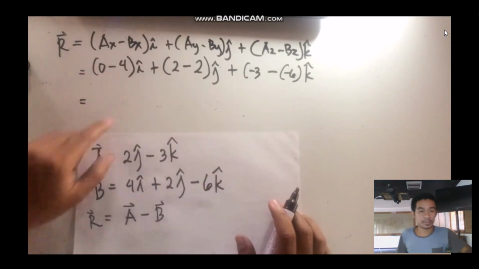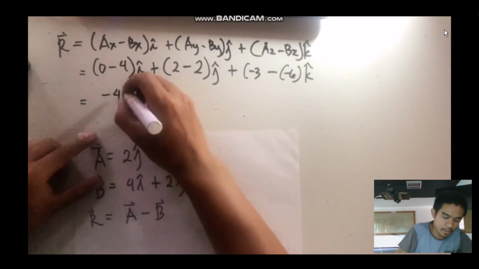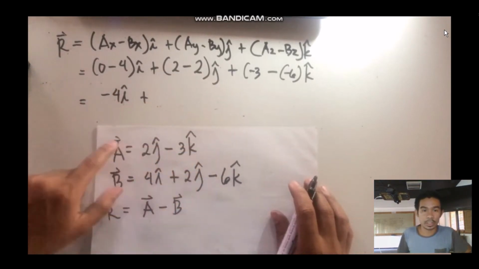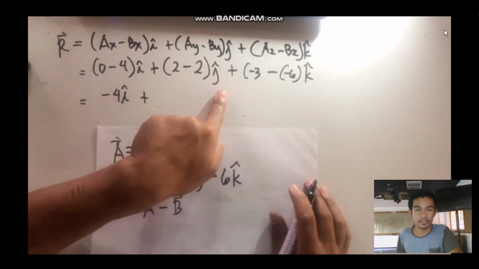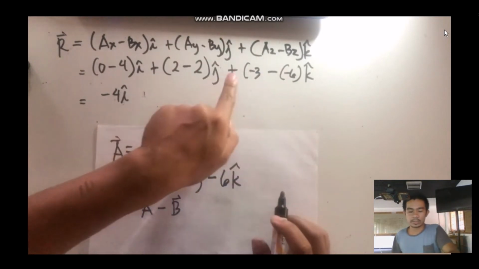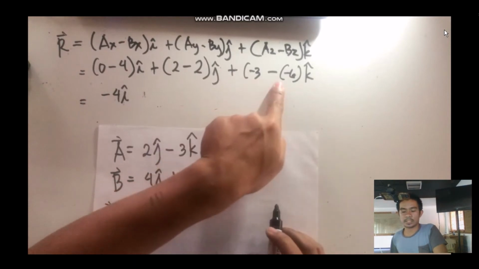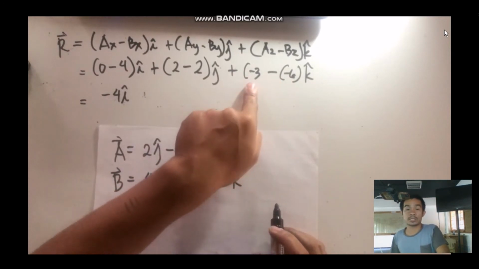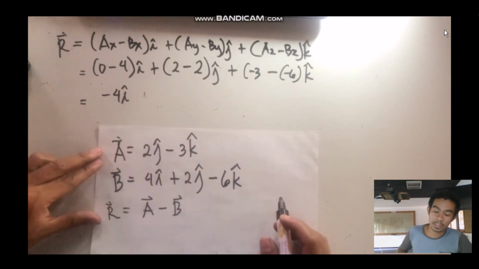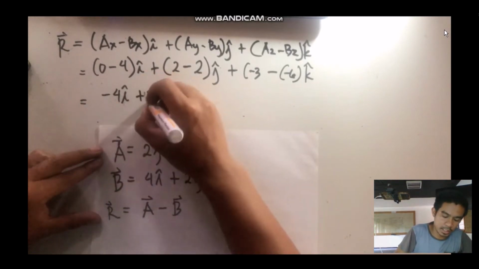What is 0 minus 4? That's negative 4 i hat, plus 2 minus 2 is 0 times any unit vector, so 0 times j hat is 0. So plus negative 3 minus negative 6, that is 3, so plus 3 k hat.